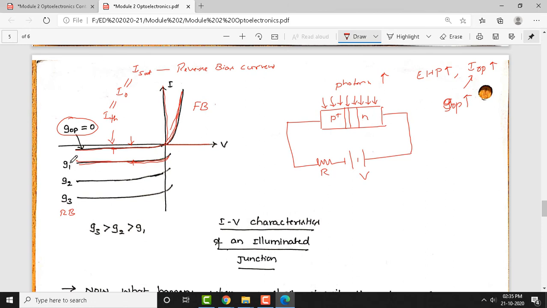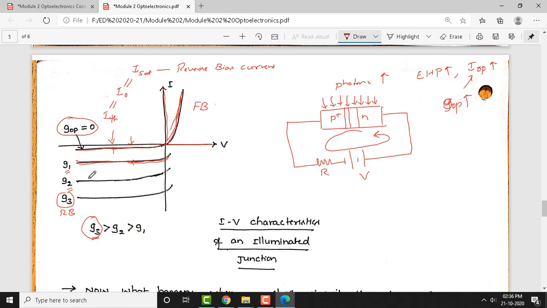Here we have denoted it as G1, G2, G3. G1 is larger than GOP, G2 is larger than G1, G3 is larger than G2. So G3 is the highest. That means a large number of photons are interacting, so you can see many electron hole pairs here, and more current will flow from N to P. This is the direction of current flow due to the photons interacting with this PN junction.